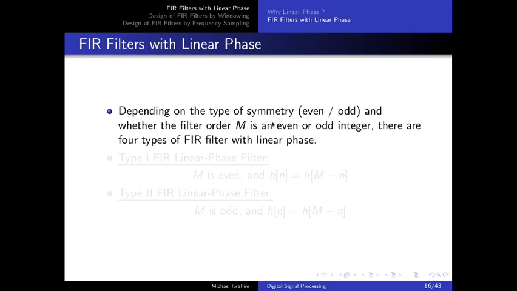So, depending on the type of symmetry, if it's even or odd, and depending on the value of m, if it's even or odd, we will be having 4 types of FIR filters with linear phase. Type 1 FIR filter with linear phase: m is even, and h of n is equal to h of m minus n, which is basically h of 0 equal to h of m, and h of 1 equal to h of m minus 1.